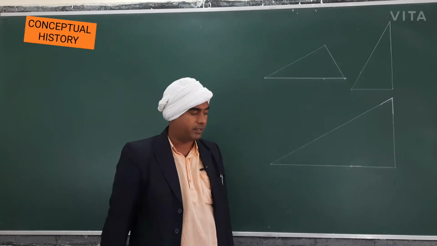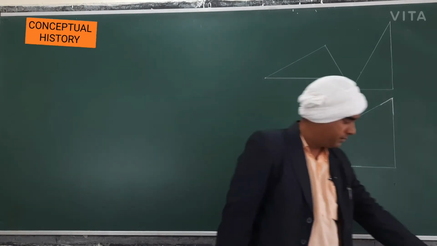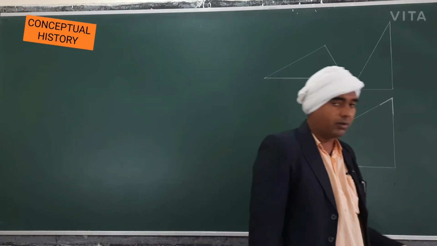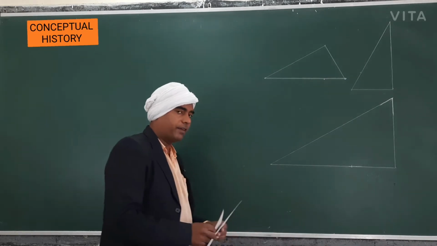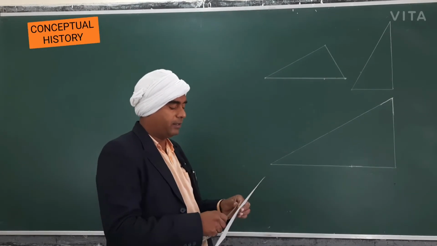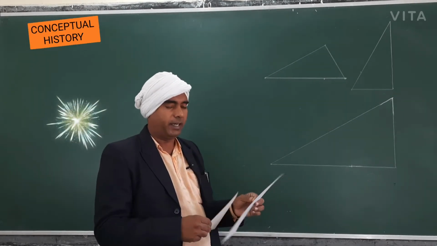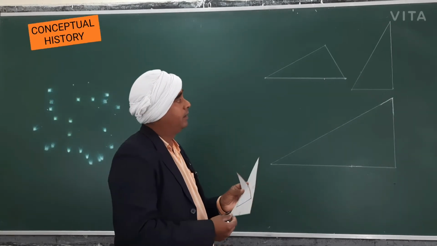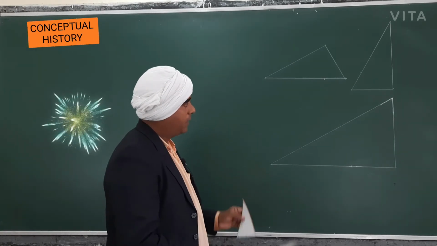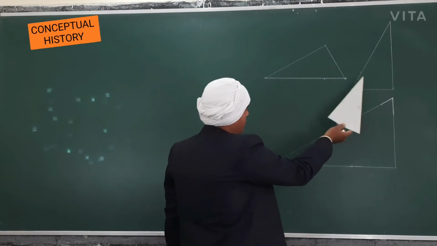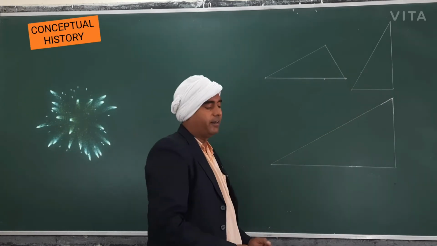Guess, try to guess. Okay, you have guessed accurately, correct. Why? Let's come here. Actually, this is a right angle triangle, this is also a right angle triangle.